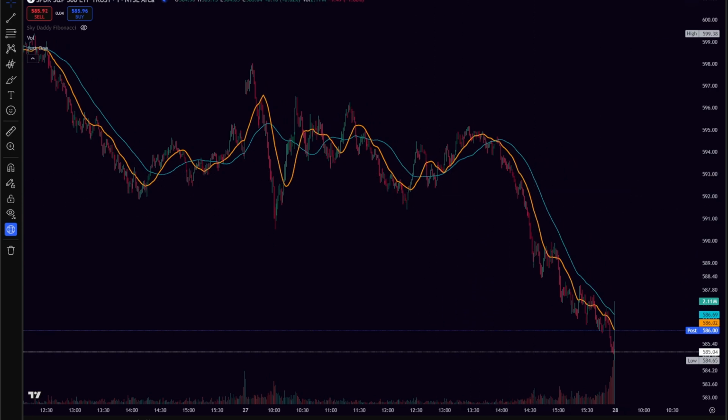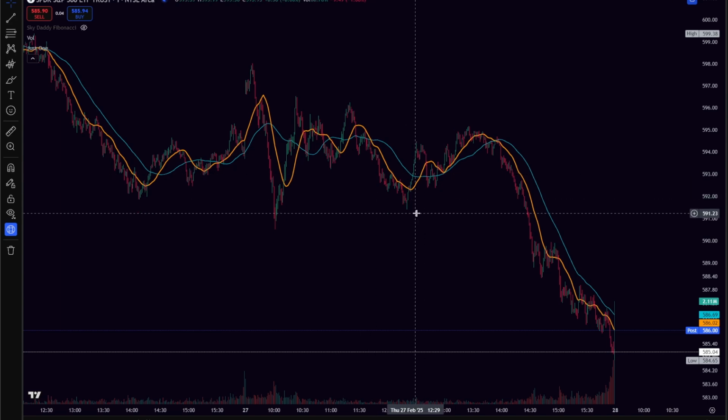The crossover of the 20 and the 50 can also be an indicator of a possible trend change. The thing is, if you use the 20 and 50 crossover, a lot of times you miss the momentum on the trade. It usually happens after the 8 and the 21.